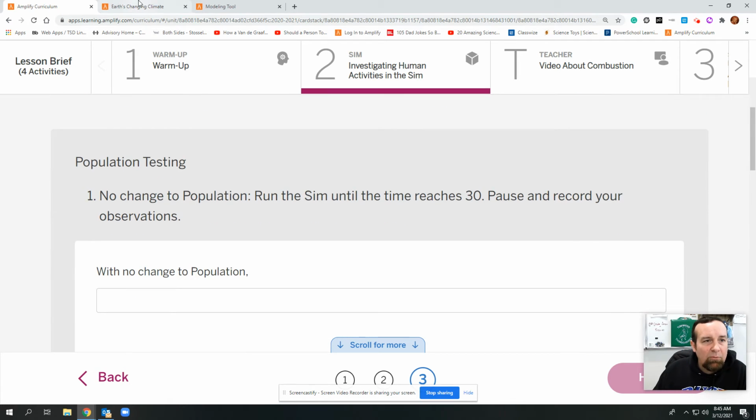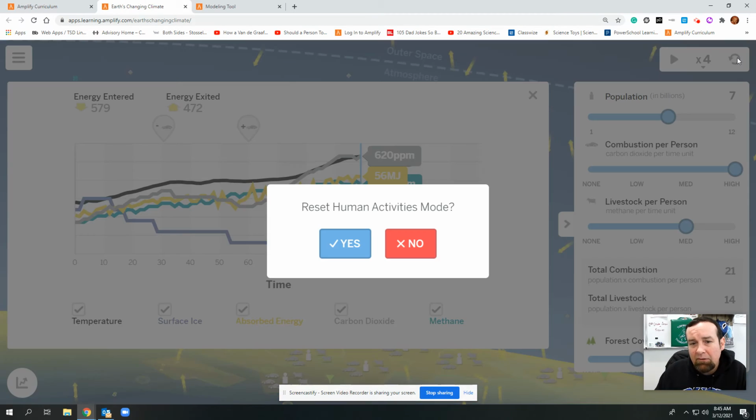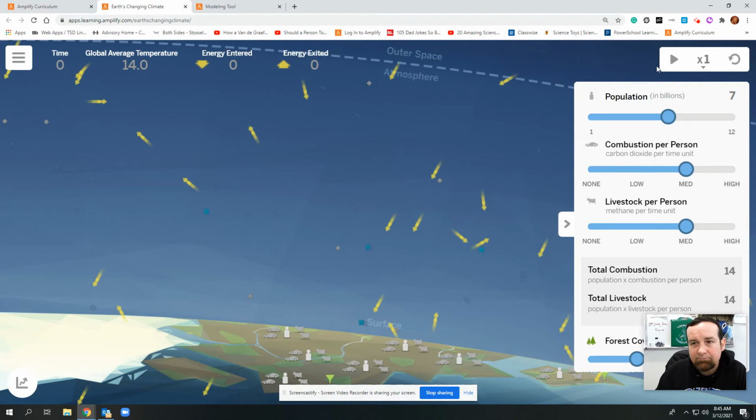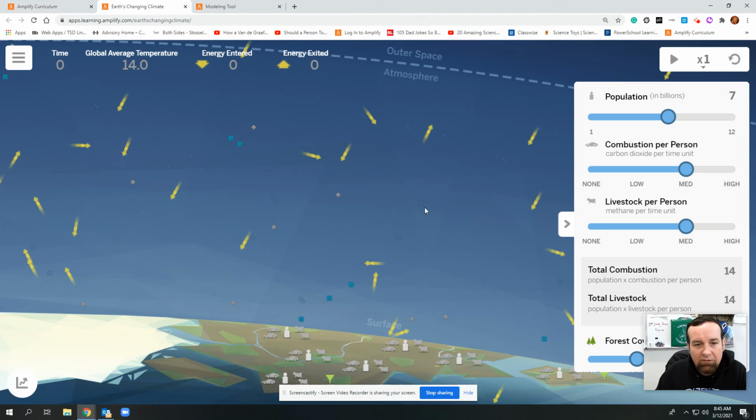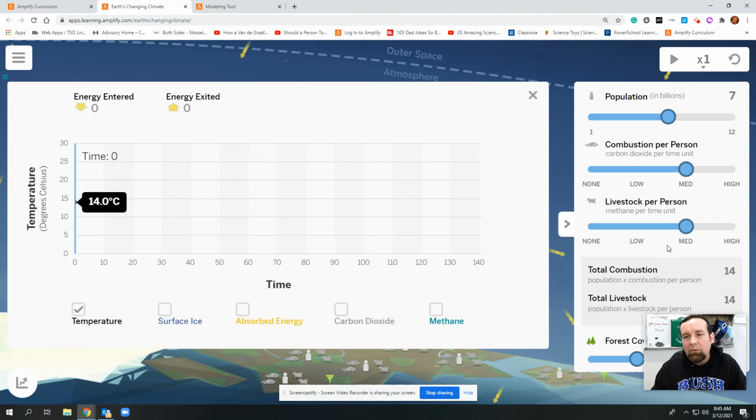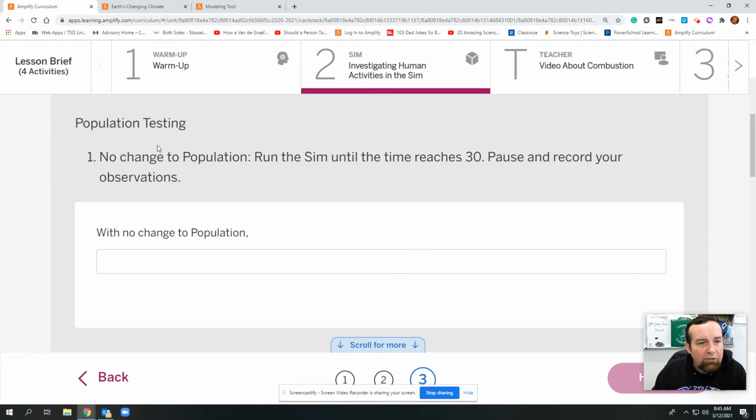So for part 3, we are still in the sim, and we're basically doing what we just did again, except, did I reset it? Reset, yes, okay. Except we're going to be focusing on livestock primarily. So no change to population. Run the sim until it reaches at least that time.